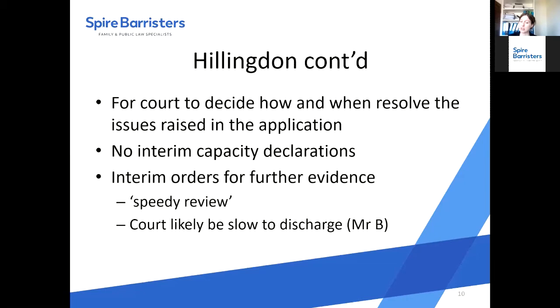But in that case, Mr. Justice Cobb, although being invited to discharge, was not keen to do so and ordered further evidence to be provided. So although I think it's likely that there will be more applications for early discharges on P's behalf, I do think that courts are continuing to be quite hesitant about that.